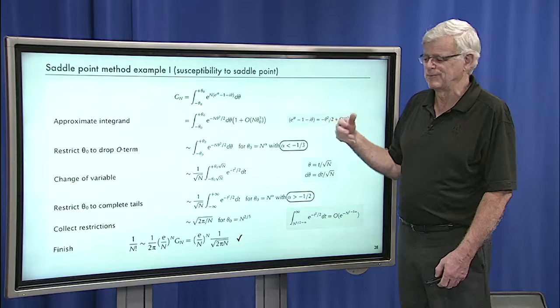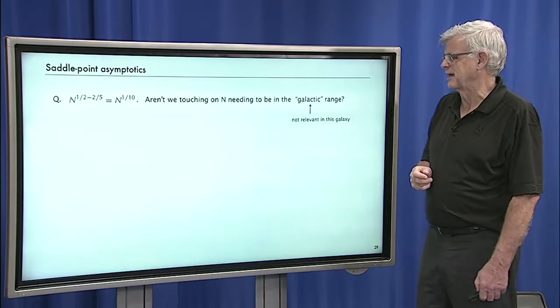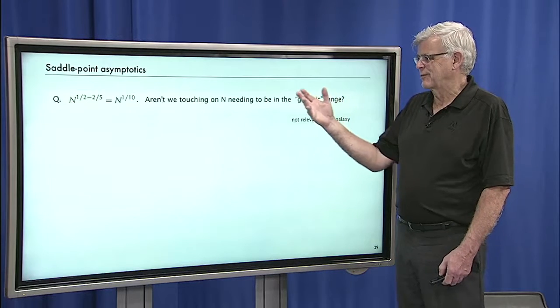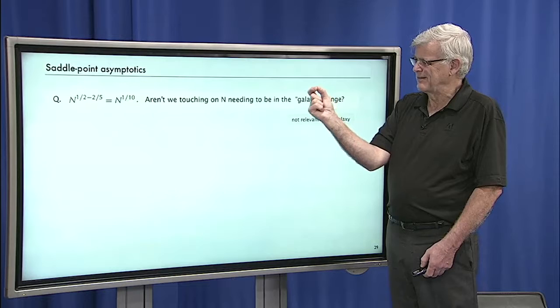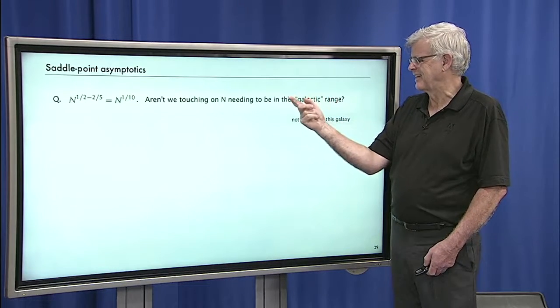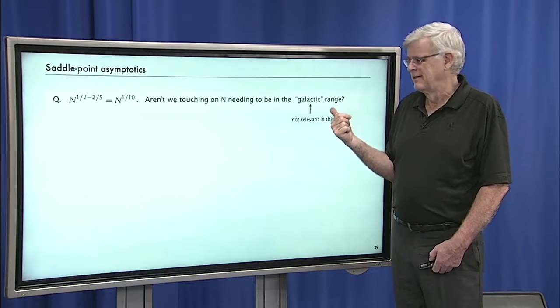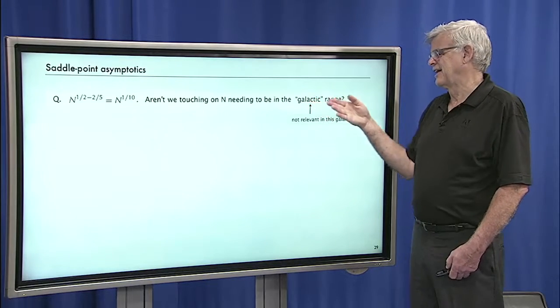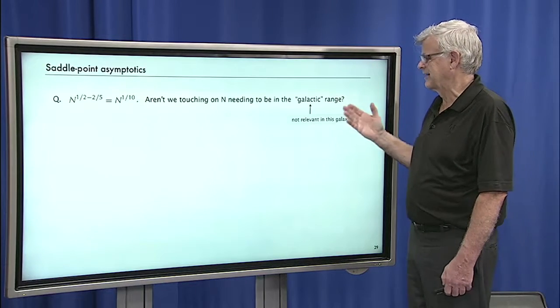Again, this transfer theorem is not at all as simple as others that we've looked at. And you might well ask, you're talking about the difference between n to the 2/5 and n to the 1/2, that's about n to the 1/10. Wasn't there something in early lectures about this not being relevant unless n is so huge that we wouldn't care about it?